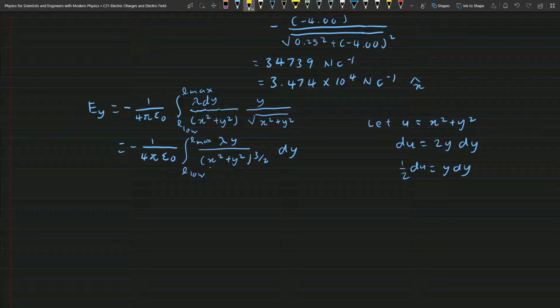And you can see this part is u, and this part will be 1 over 2 du.